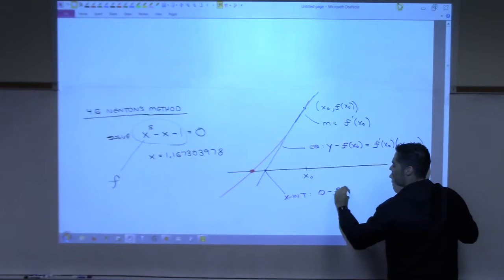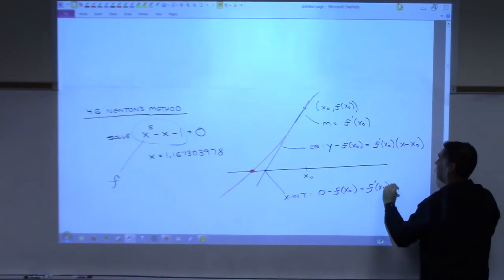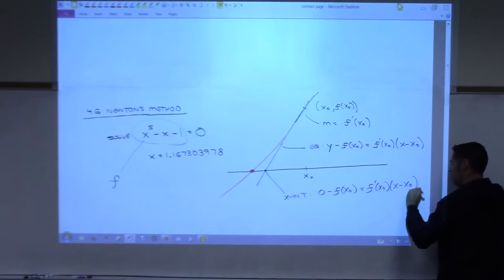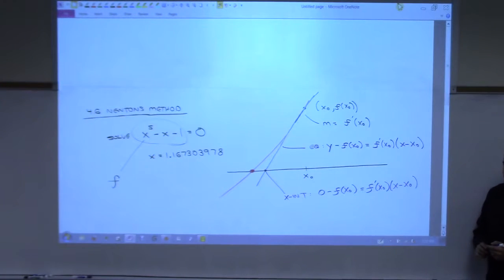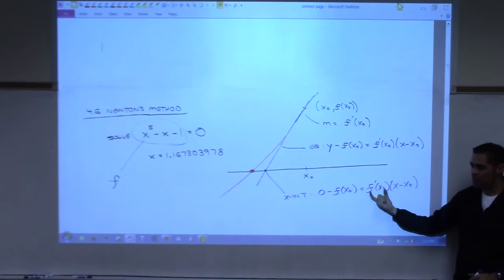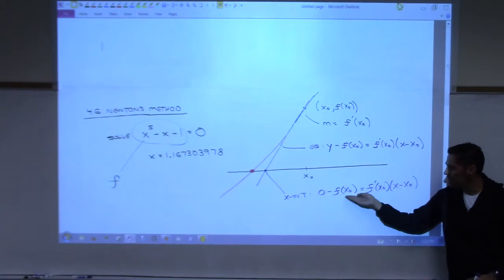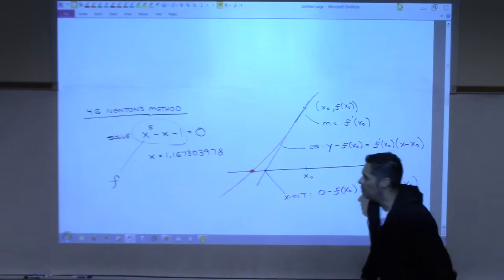0 minus f of x naught equals f prime of x naught times x minus x naught. All right. I'm almost there. I'm going to try and solve this for x. So I'm going to divide this first out on both sides. Divide this side by f prime of x naught, this side by f prime of x naught.